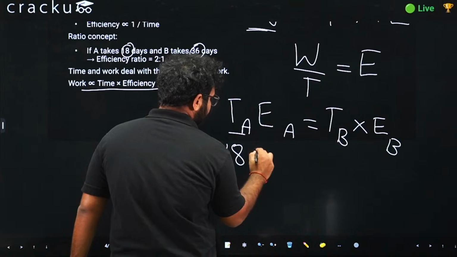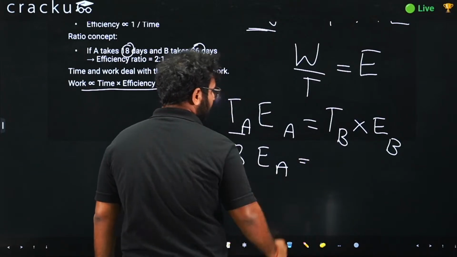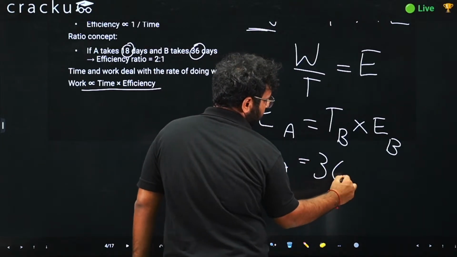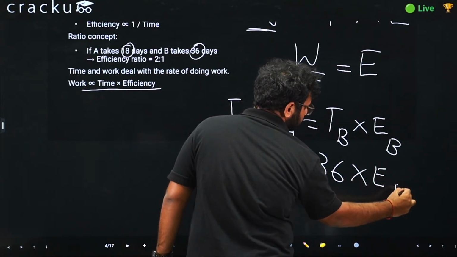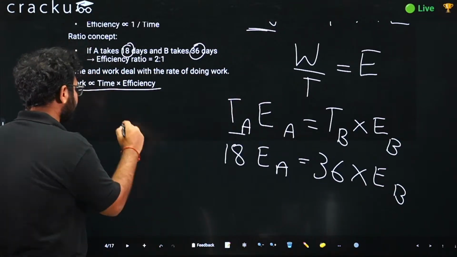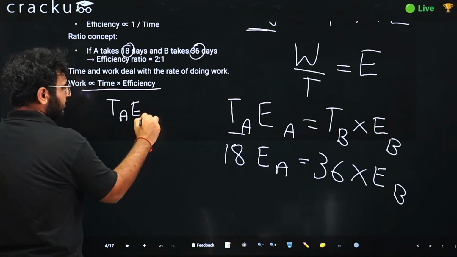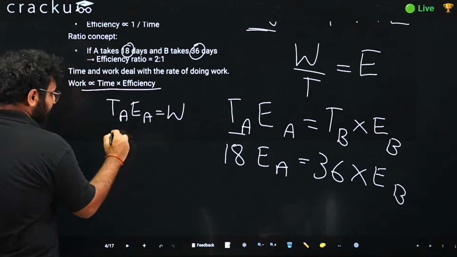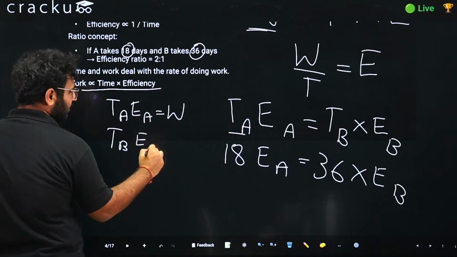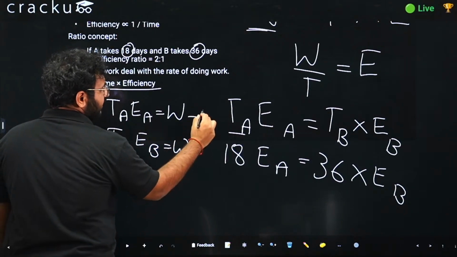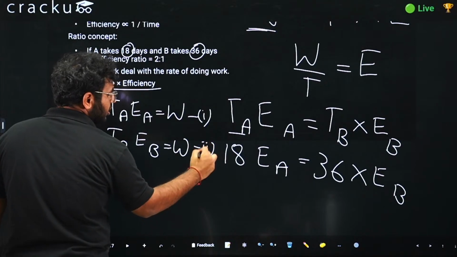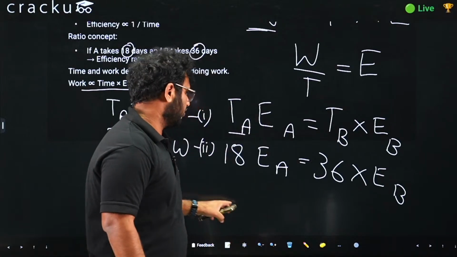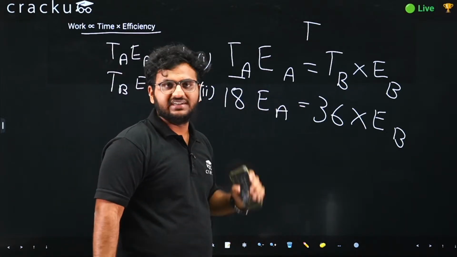So 18 into the efficiency of A is equal to the time taken by B to complete the same work, which is 36, into efficiency of B. Because the work is the same: TA into EA is equal to some work W. Let us assume that this work is to paint a wall, and similarly TB into EB is equal to W, since he is painting the same wall. So when we equate 1 and 2 and remove W, we get TA EA is equal to TB EB. So 18 into EA is equal to 36 into EB.